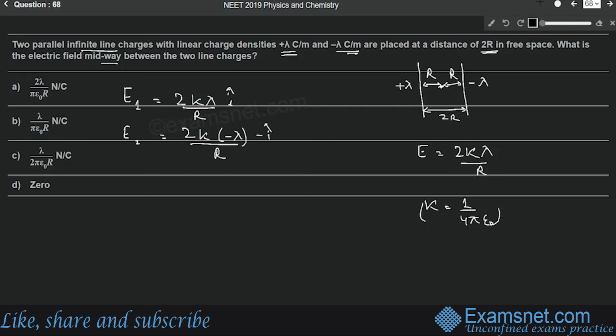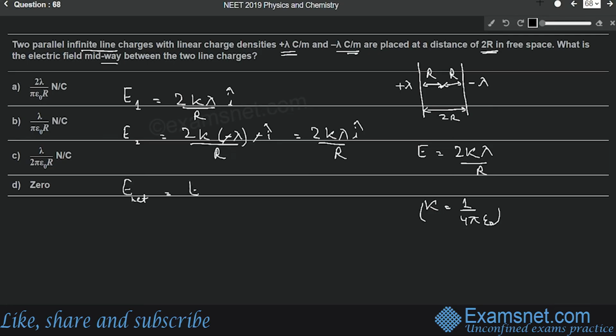Okay, because the charge density is minus and the direction is also opposite, so minus I cap. Now this minus minus will cancel, it will become plus, so it will also become 2k lambda I cap by r.